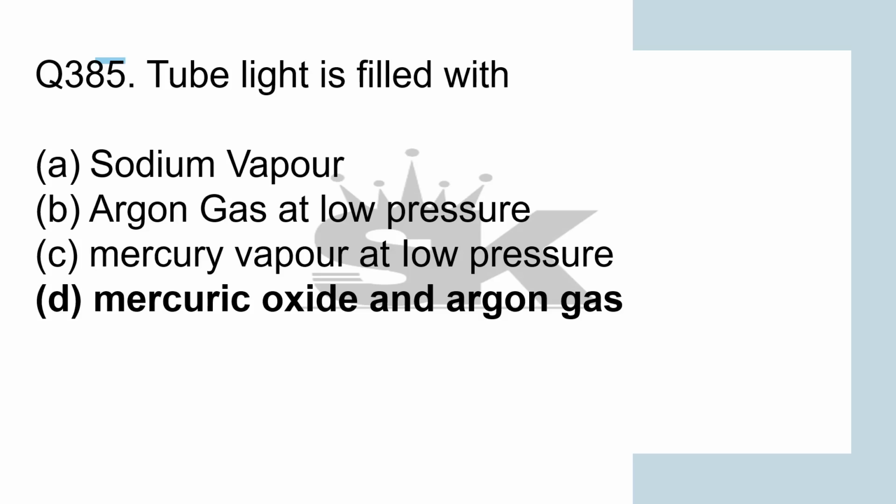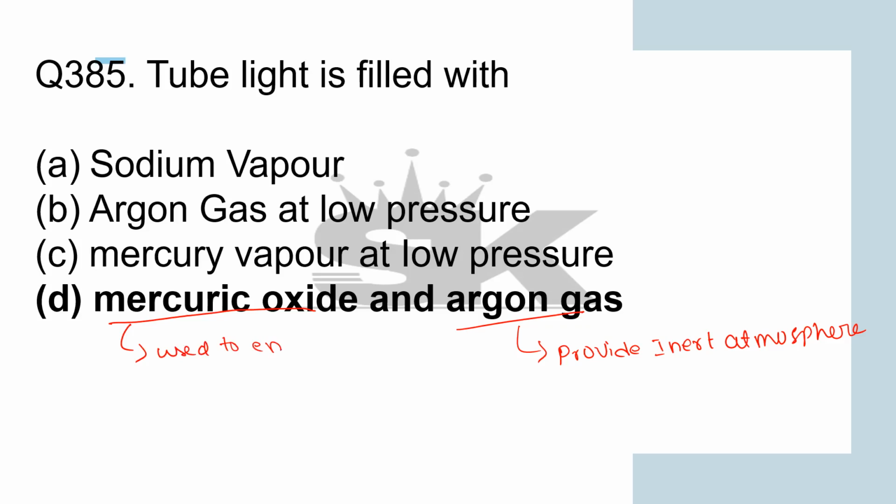Okay, argon gas is used to provide an inert atmosphere. Nitric acid is not used; it is mercury that is used to emit UV light.